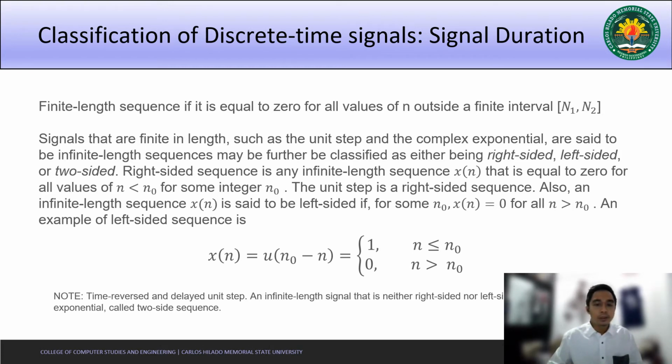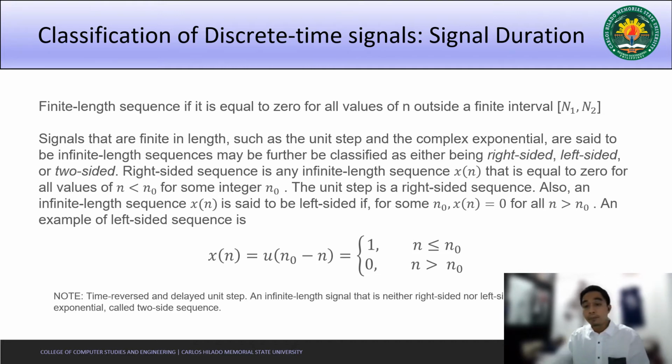A right-sided sequence is any infinite length sequence that is equal to 0 for all values of n less than n sub 0, for some integer n sub 0.